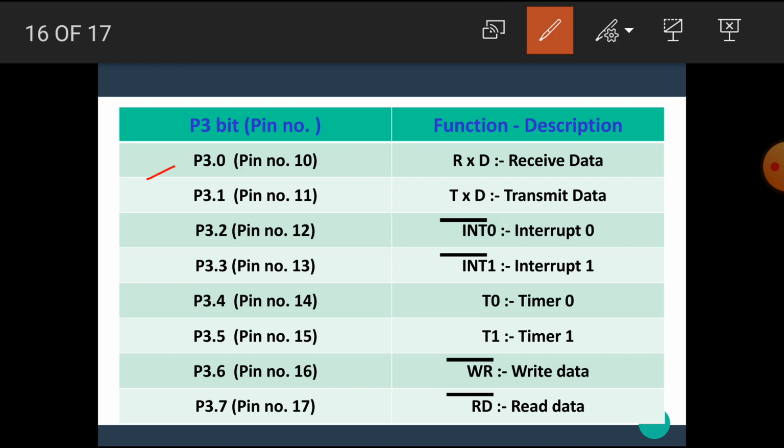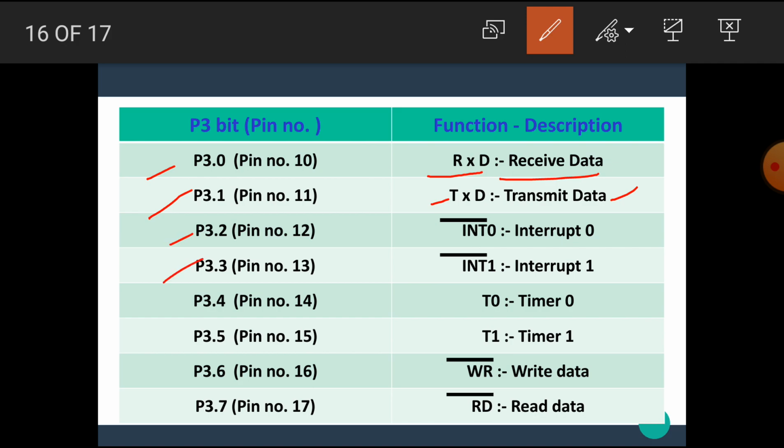The P3.0 pin is RxD, that means the 8051 microcontroller receives data through this pin. P3.1 is TxD pin, that means the 8051 microcontroller transmits data from this pin.